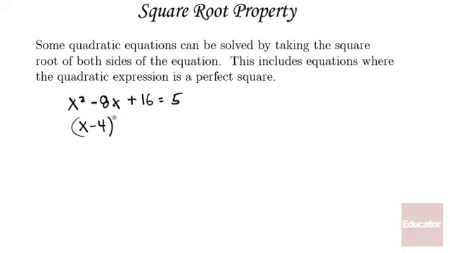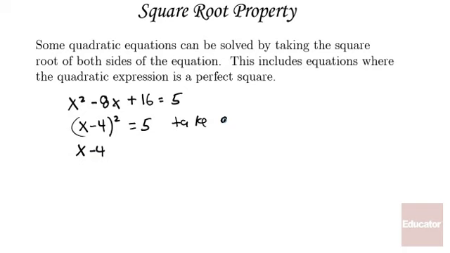It's actually equal to x minus 4 squared, or x minus 4 times x minus 4. So if I write it as x minus 4 squared equals 5, I can then solve it by taking the square root of both sides.